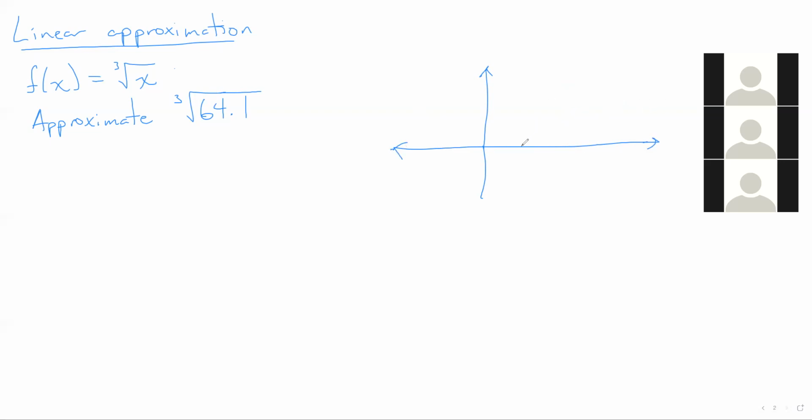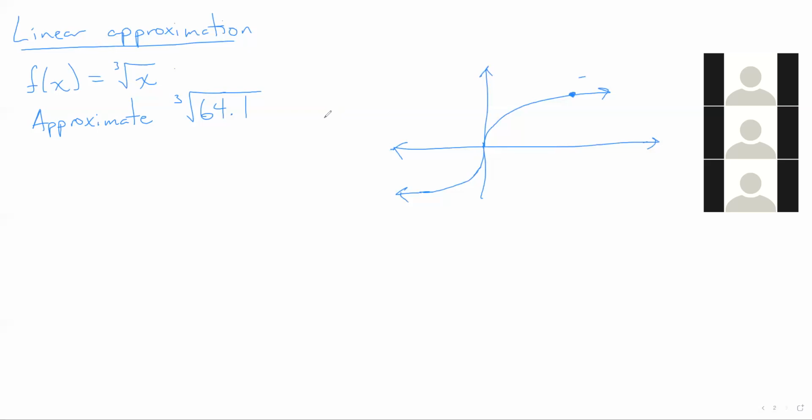I have this cube root function, which looks something like this. This is a deeply nonlinear function. But what I want to do with it is find an approximation for the cube root of 64.1.